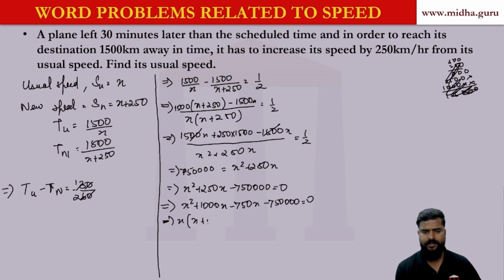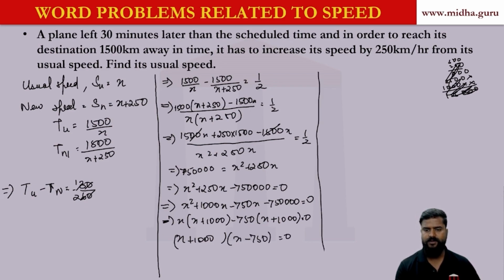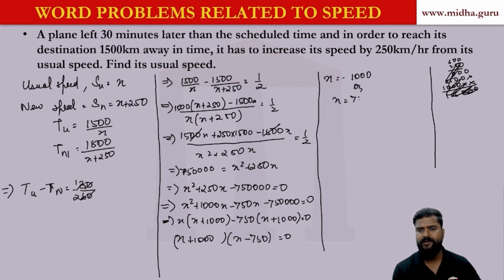Taking x common, we get x plus 1000, minus taking 750 as common, we again get x plus 1000. So x plus 1000 into x minus 750 is equal to 0, which means x is either equal to minus 1000 or x is equal to 750. Now since we took the variable to be a speed, we know that it can't be minus 1000. So the speed has to be 750.